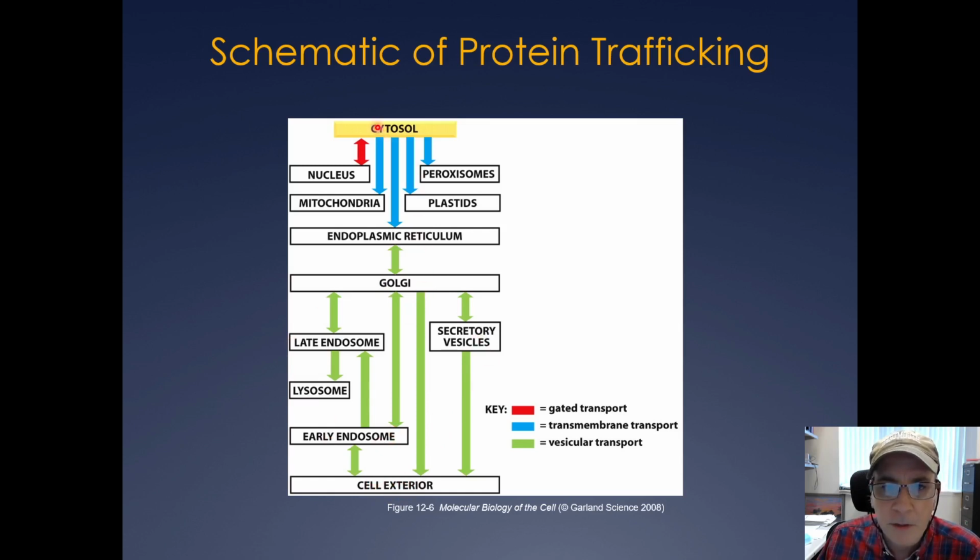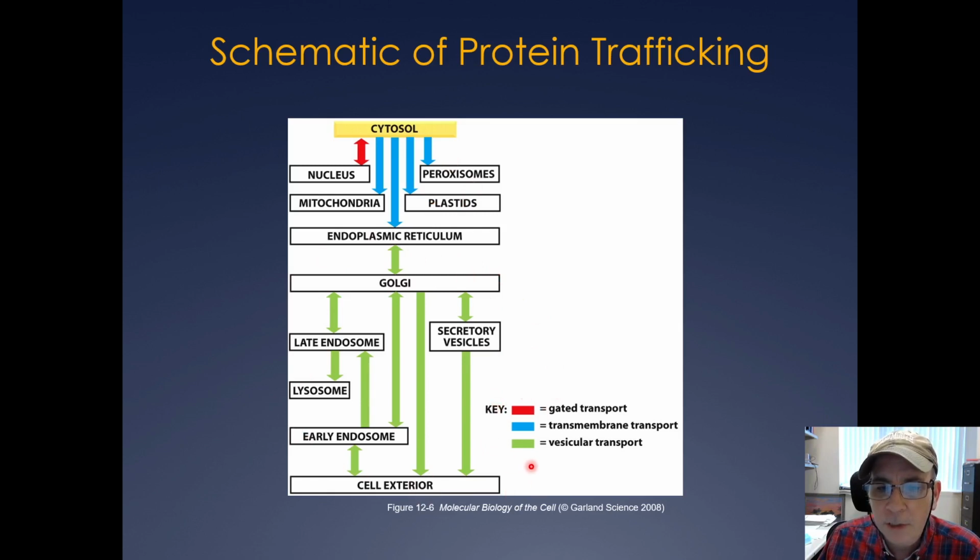You can also have transport from the cytosol to the mitochondria. Once again, all of the mitochondrial proteins are actually made in the cytosol and transported to the mitochondria, and the same thing happens with chloroplast and peroxisomes, where all of the proteins are made in the cytosol and get transported in. And so we'll actually look at this and how it all occurs.